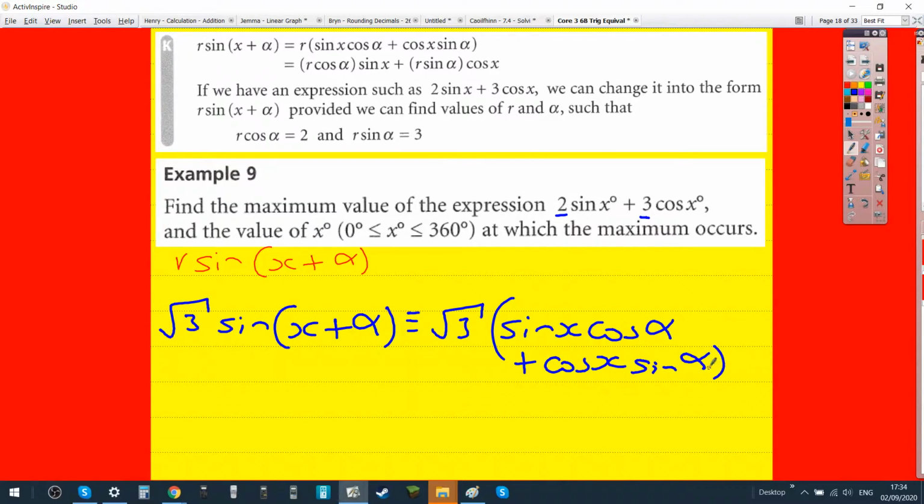Yes. And then we know that it has to give us 2 sine x and 3 cos x. This sine x matches up with this sine x. So what does the 2 match up with?